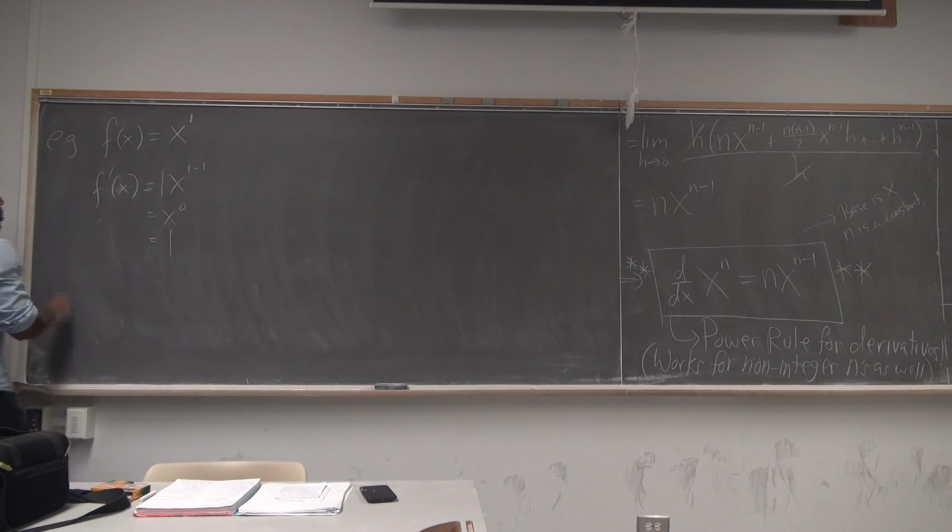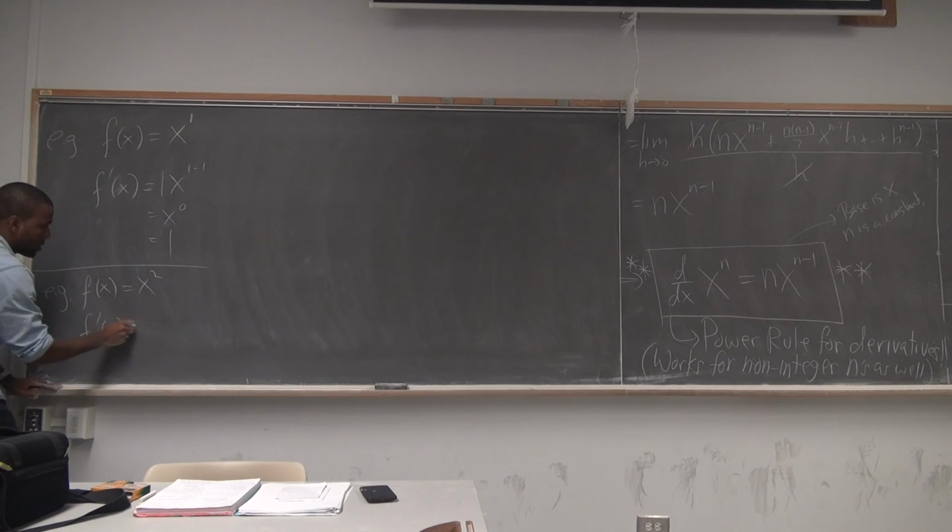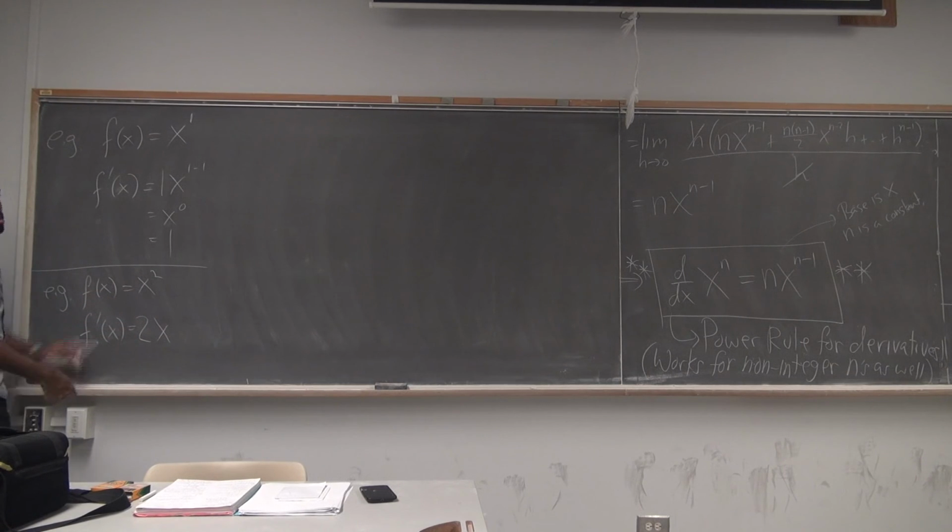Or if I asked you, what if f of x was x squared, what would be the derivative? Bring that 2 down in front, subtract 1 from the power. It's 2x to the 1. And remember when we did the difference quotient, we did that whole thing and we multiply and expand, that was the answer that we got, right?